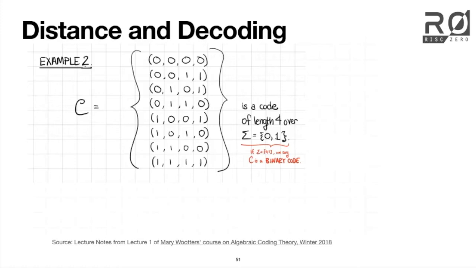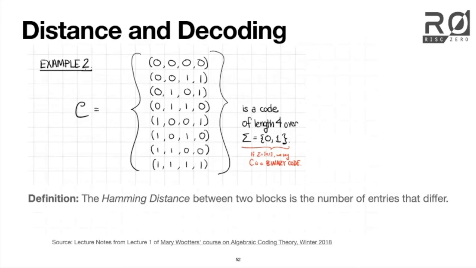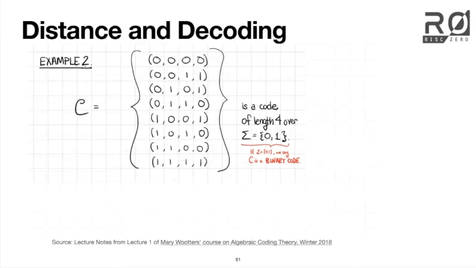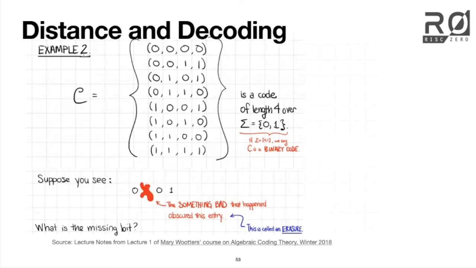And let's imagine that Bob, oh, sorry, before we, I'm going to skip that slide, actually. Let's imagine that Bob received this message from Alice. Bob received this string and looks at it and says, oh, there was an error here, or there was an erasure here. I can't see the second bit.